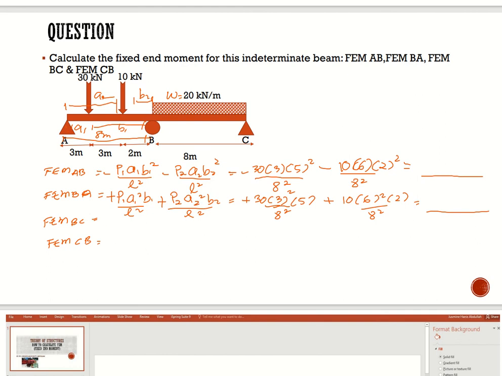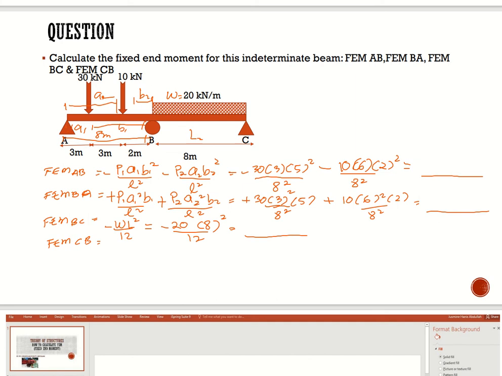We put the value here, negative 20 times L. The length of BC is 8 meter also. And then 8 square divided by 12. Okay, so we get the answer for FEM BC.